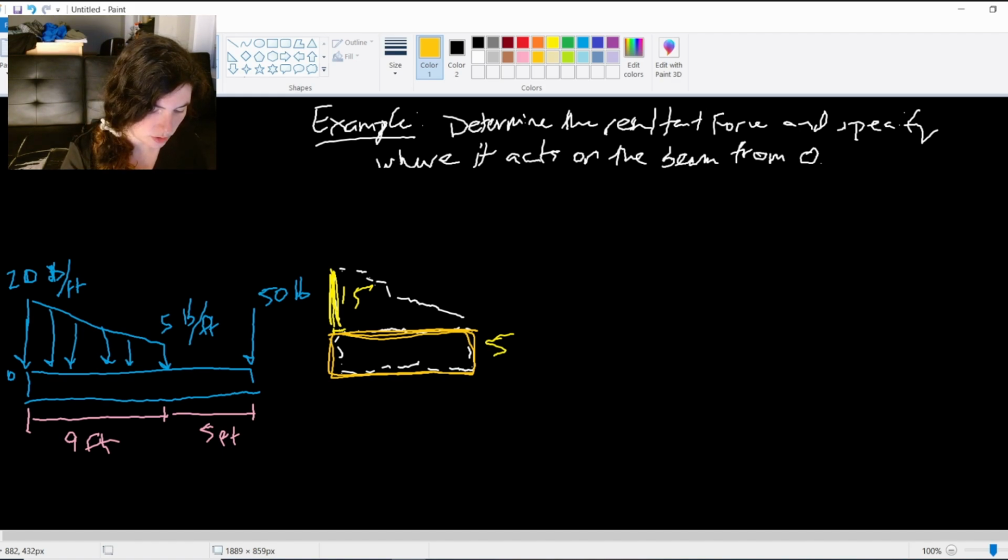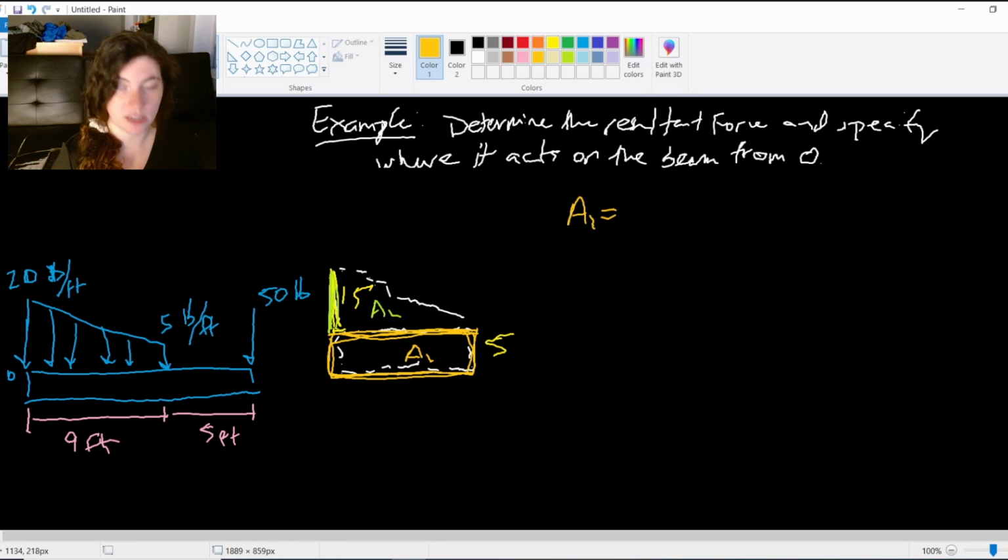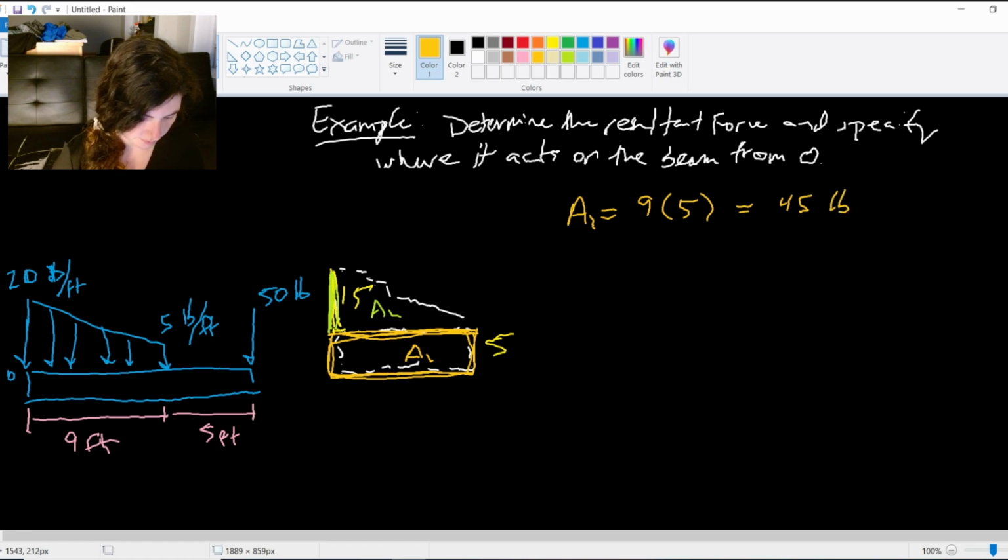So when I do these two areas, right, let me do the rectangle first. That's a really easy one. This is A1. And I'll call this guy A2. So A1 is going to be just base times height, right? So 9 times 5. Easy enough. I find the resultant force from this is 45 pounds.